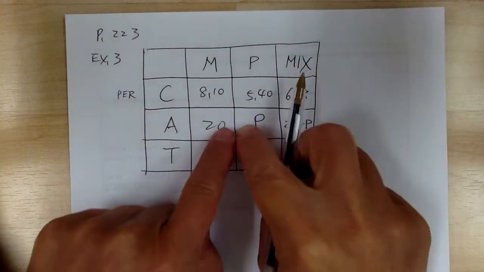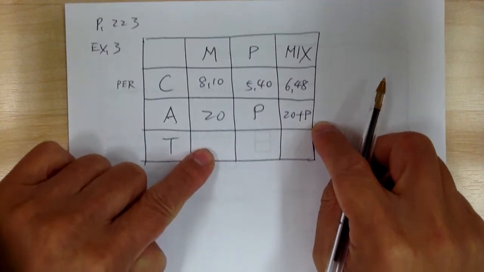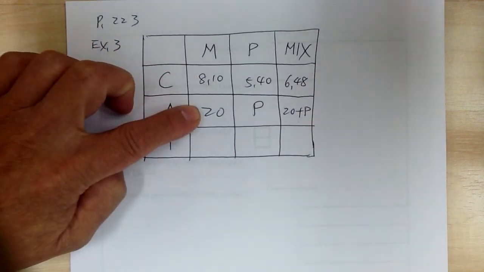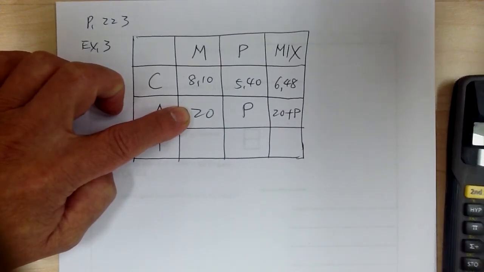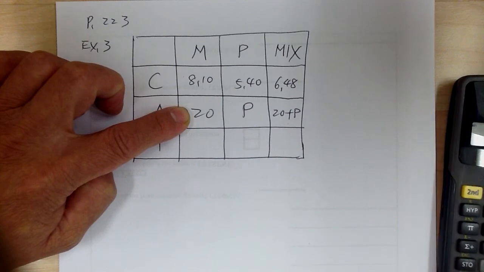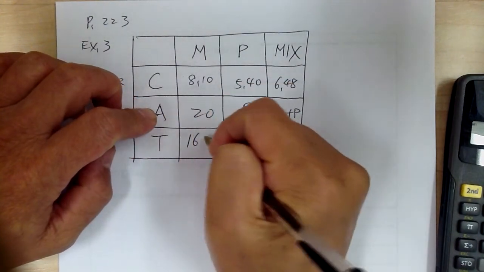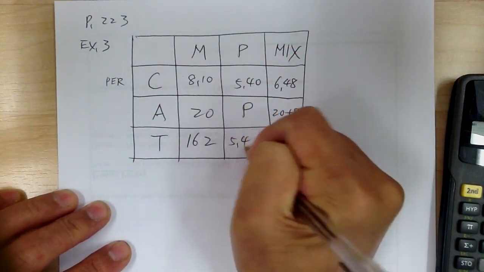So that's how many pounds you're going to get. Now you're going to figure out the total cost. It's 18 per pound, and there are 20 pounds. So you're going to multiply, 18 per pound times 20 pounds, it will give you a total of $162. This one, you multiply, you're going to get 5.4p.